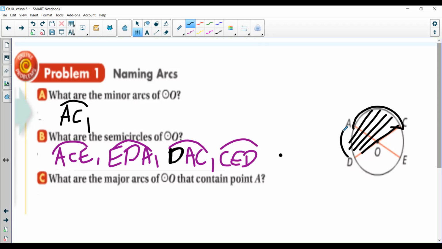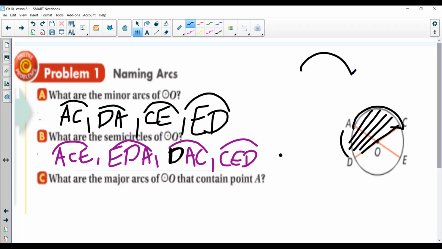It's also less than the semicircle. What about CE? Yes. What about ED? Yes. Don't forget this sign, it means arc. So AC, CE, ED, DA. That's right.